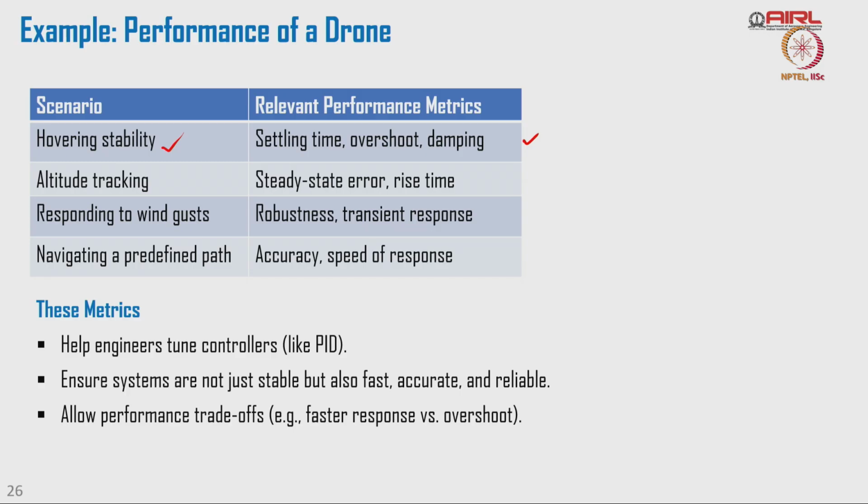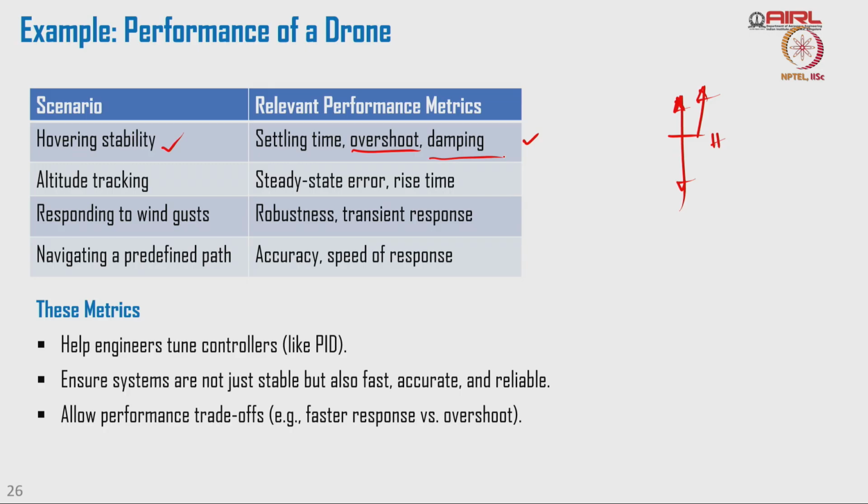I have already told that if it needs to hold a height h, but it is just going up and coming down and oscillating, then it is a kind of undesirable behavior, and the overshoot, that means the magnitude of exceeding the limit, should be in control. Also the oscillation should be in control.